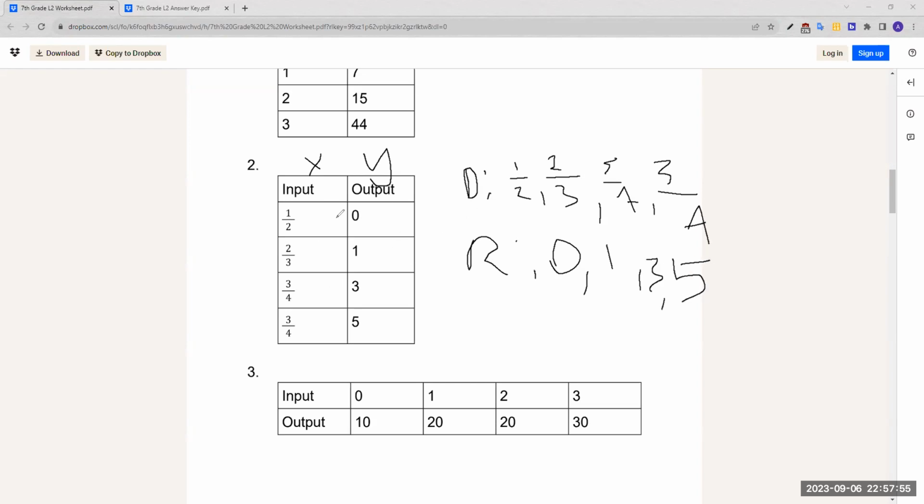Another way to tell if this is a function is if we have any repeating x values. Are any of these repeating? We see that there's 3/4 twice, so that means it's not a function. And if we were to graph this, it wouldn't pass the vertical line test.